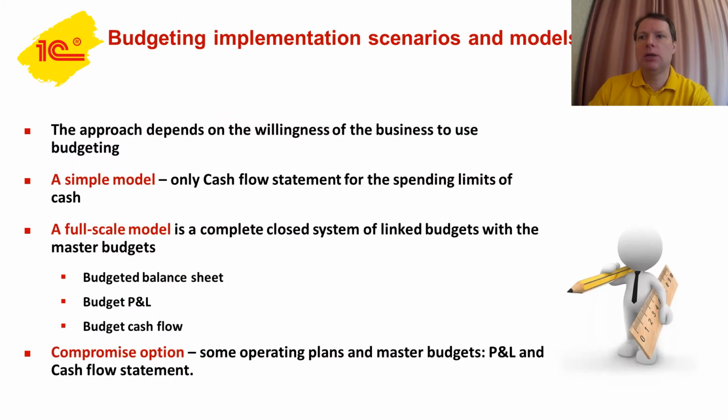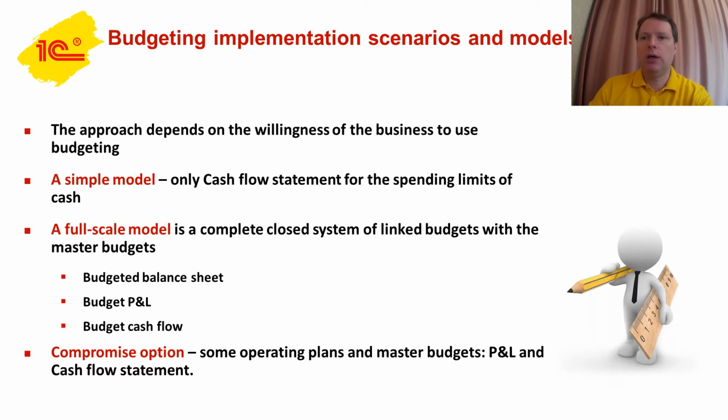Let's talk about the budgeting implementation approach. The approach depends on the scope of the business requirements for the budgeting. A simple model provides only cash flow statements for the spending limits of cash. A full-scale model provides a complex and closed system of mutually connected budgets.